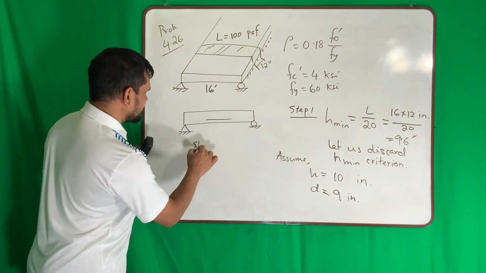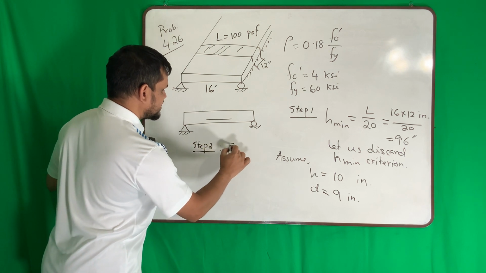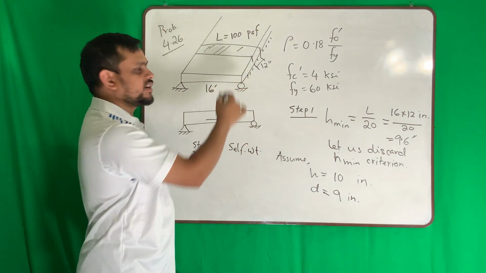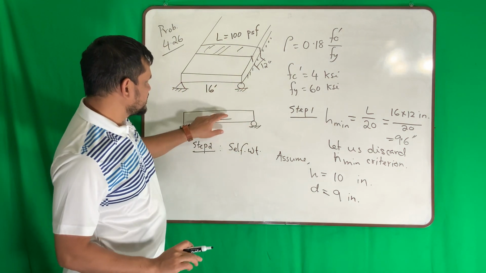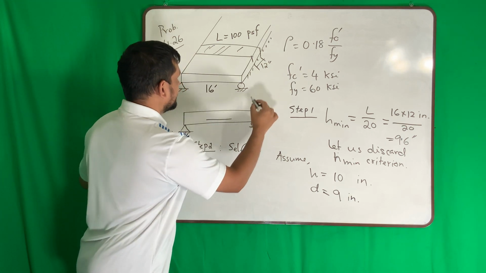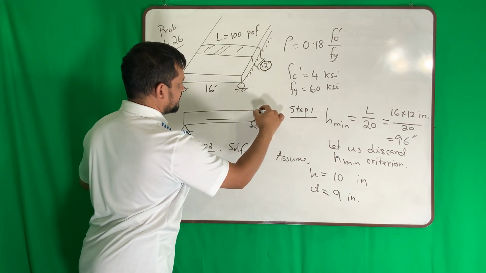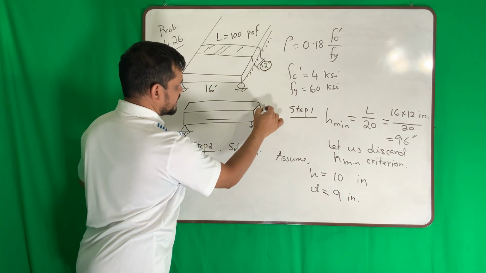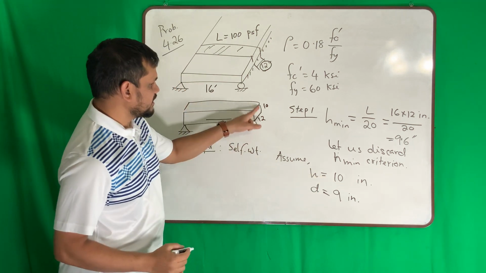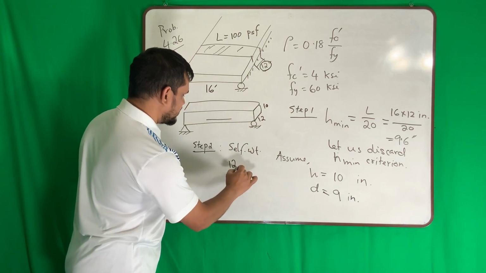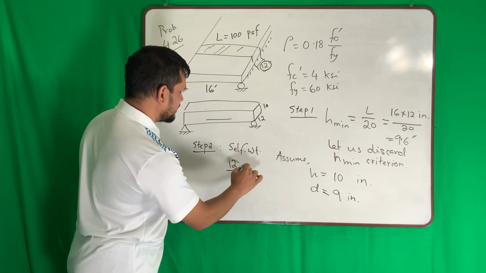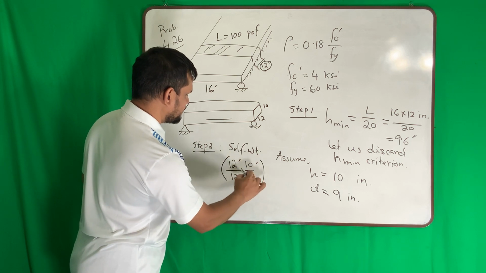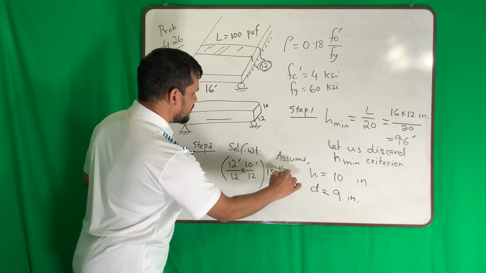Step number 2, we should deal with self weight, or the dead load. Here there is no other dead load. How to find the dead load? This side is 12 and this side is 10. So self weight will be 12 divided by 12, times 10 divided by 12, it is feet, times 150 pound per cubic feet.